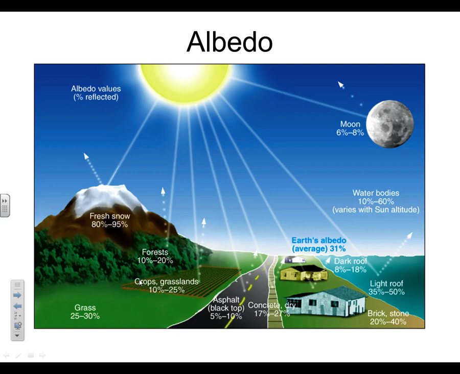Albedo is the reflectivity of a surface, and the unit is going to be a percent. Things like fresh snow, white things, very light colored things have high albedos. The higher the albedo, the more it gets reflected. A dark surface, like the road here, has a very low albedo, 5 to 10%.